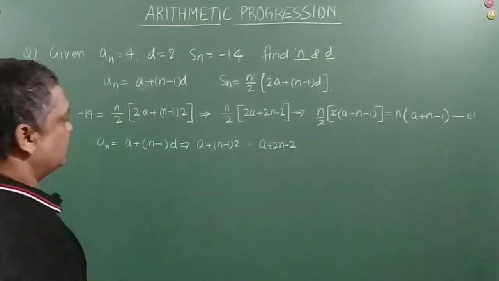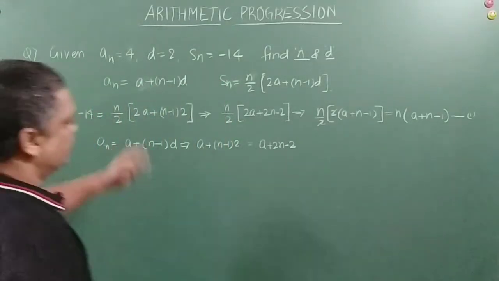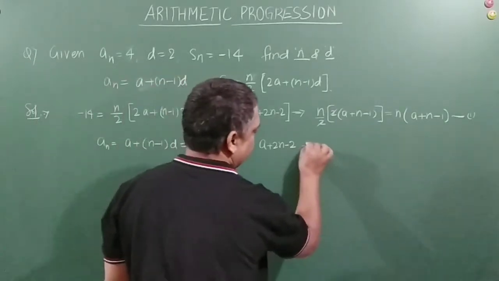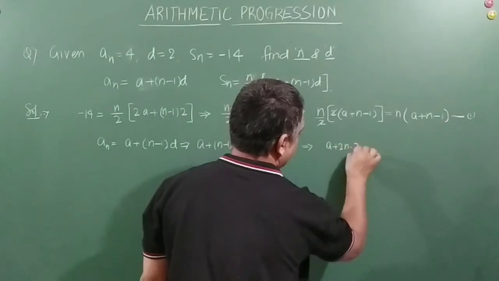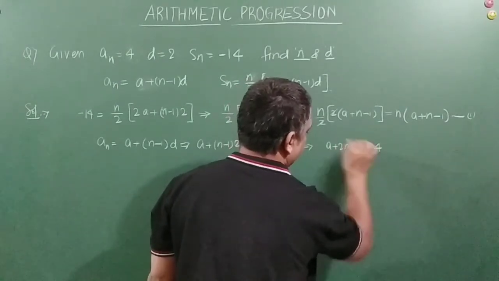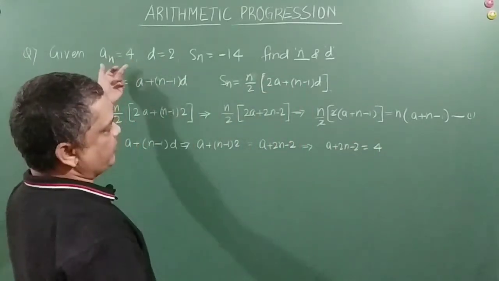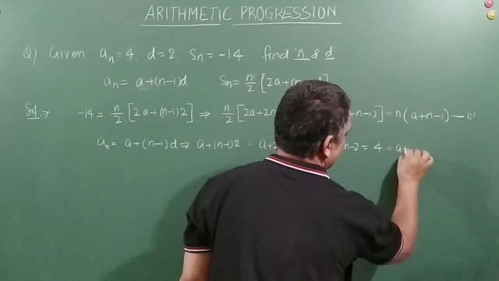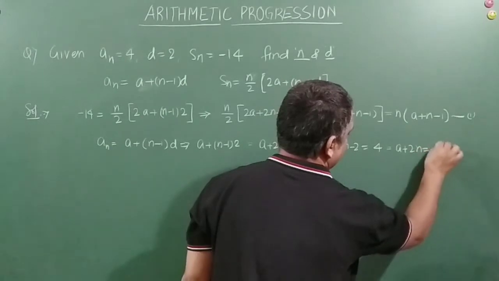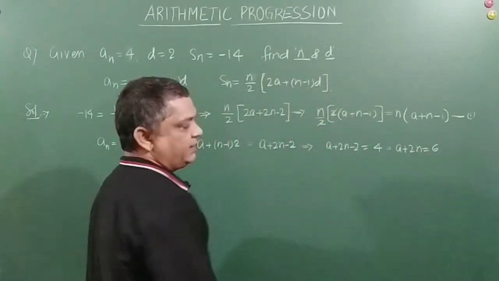Now this an is given to be 4, so a + 2n - 2 = 4 from the problem.